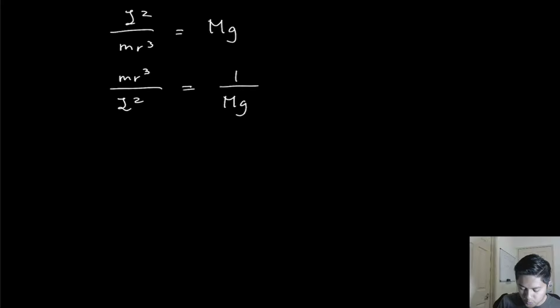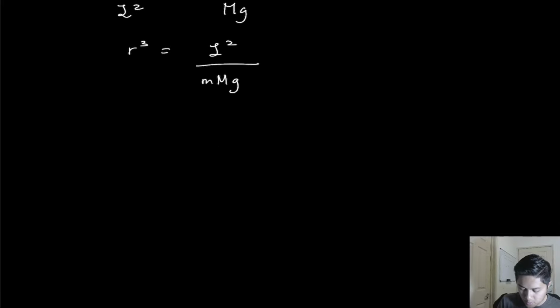Now we have to flip this fraction, so we'll have m r cubed over angular momentum squared, that's equal to 1 divided by big Mg, and then we'll multiply by L squared and divide by m on the left side, so we'll have r cubed is equal to L squared over little m big Mg.